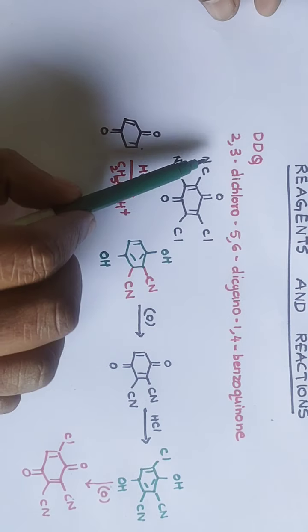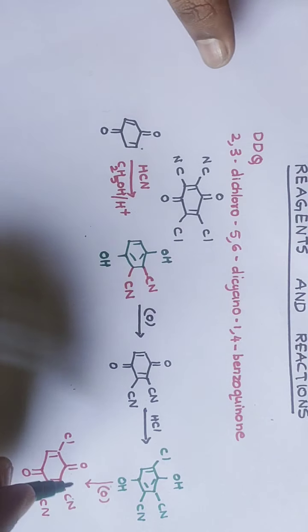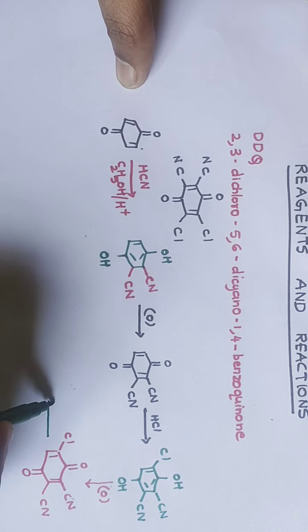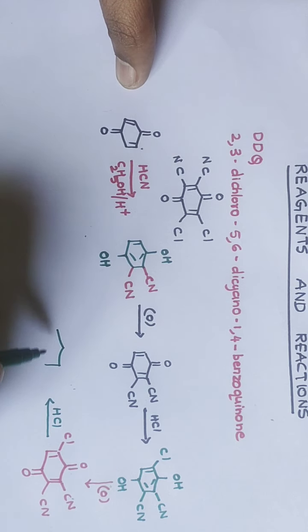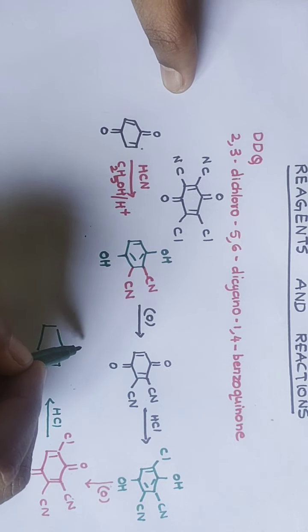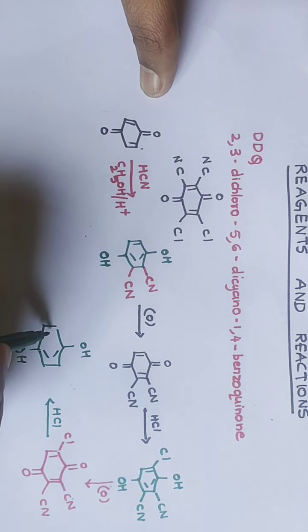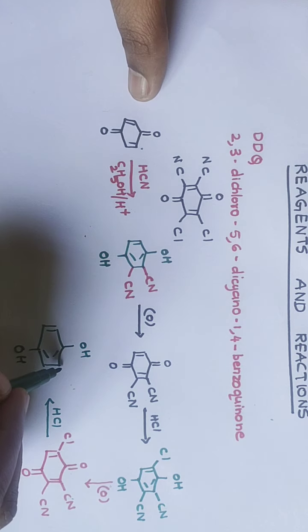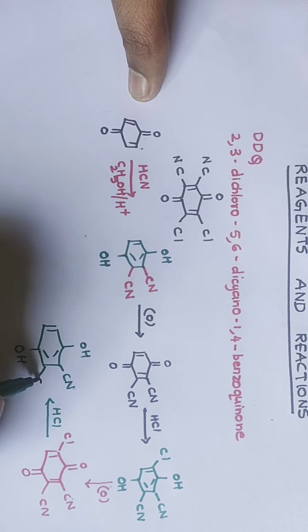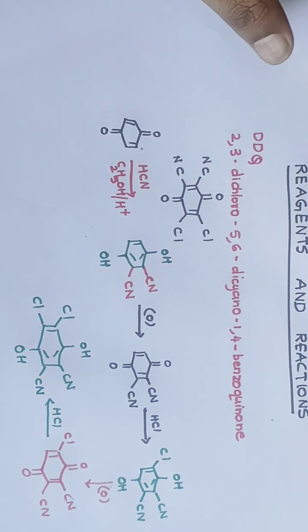So we have attached two CN groups as well as one Cl. We need to attach another Cl, so again this is treated with HCl. Again the same thing happens: double bond O gets converted to OH. CN, CN, Cl, Cl.